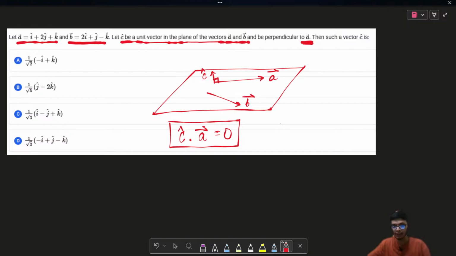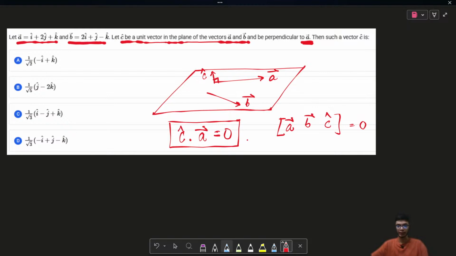This will be the result for the vector c cap, which is perpendicular to a vector. Also, since these three vectors are coplanar, the scalar triple product will be equal to 0.